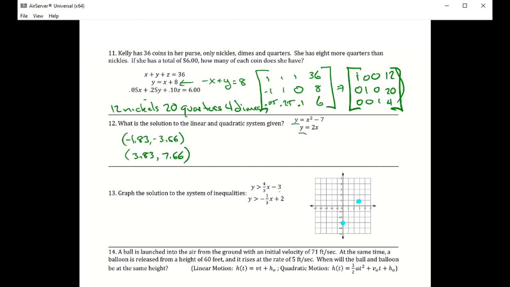And we're using dashed lines. If we put in 0, 0, is 0 greater than negative 3? Why, yes, it is. So we are shading towards the x-axis right there.